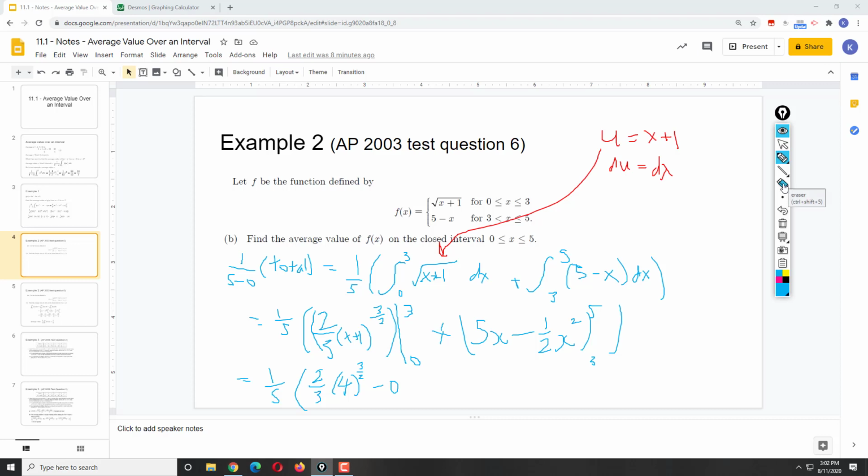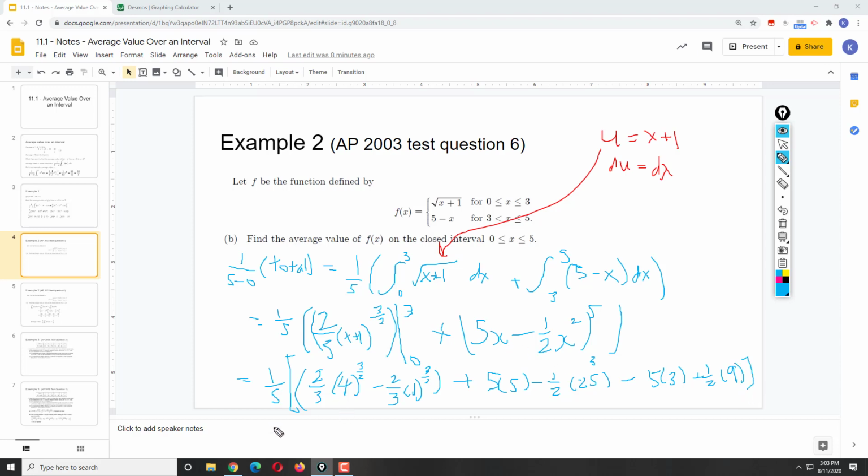Sorry, not minus 0, minus 2/3 times 1 to the 3/2 power. Plus, we have 5 times 5 minus 1/2 times 25, minus 5 times 3, and then two minuses become a plus 1/2 times 9.